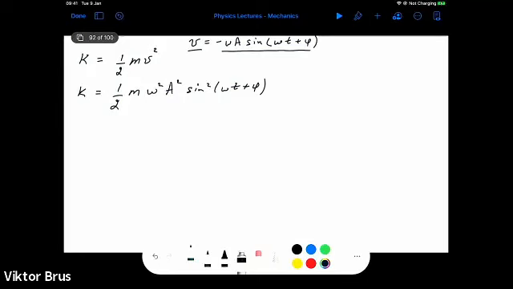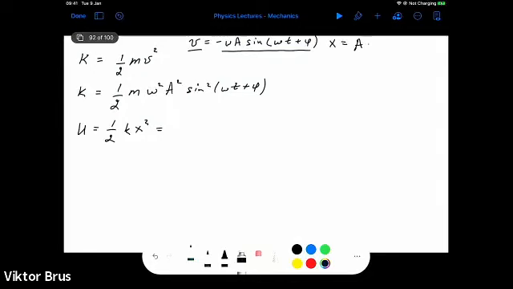Let us go for potential energy. Potential energy of the spring, we know how it is calculated. It is 1 over 2 times k x squared. Okay, so x, we also have equation for x as a function of t.